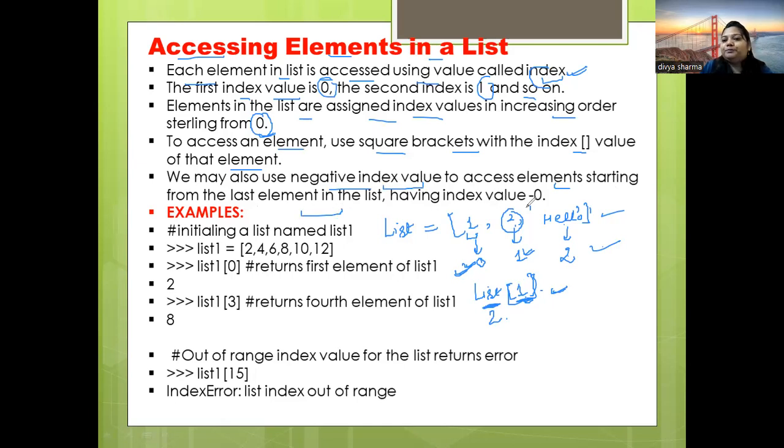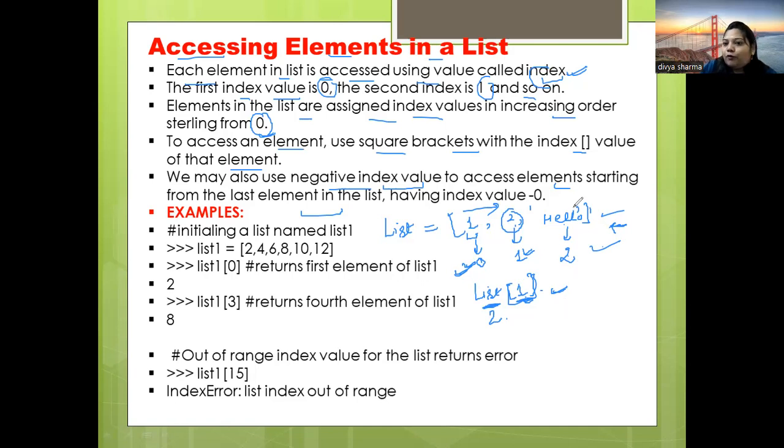Suppose when we access elements from the starting, we give index values 0, 1, 2 and so on. But if we access elements from the backward direction, from right to left, elements will be accessed by using their negative index values.